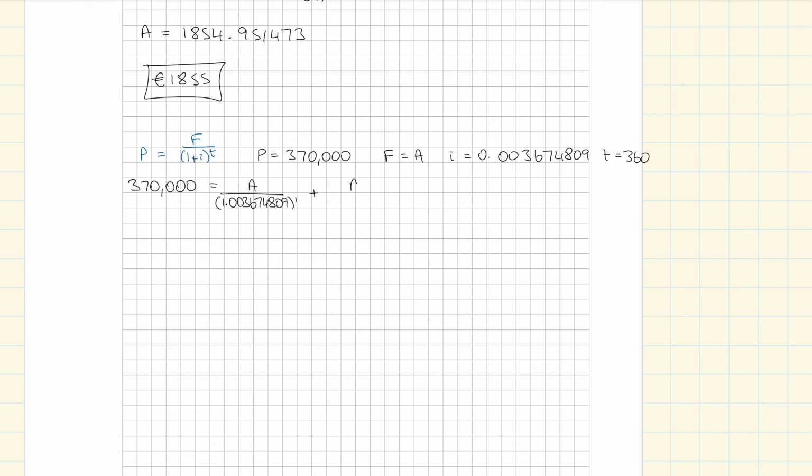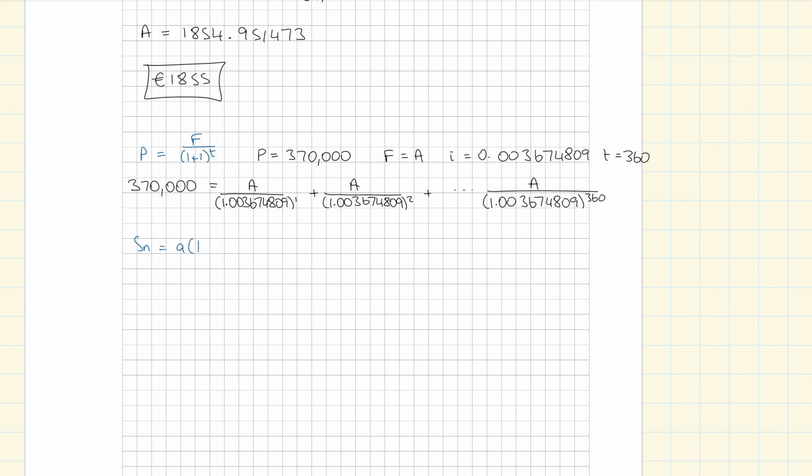So we just need to establish maybe the first two terms of our series, and it'll go all the way up to 1.003674809 to the power of 360. So we use sum to n.